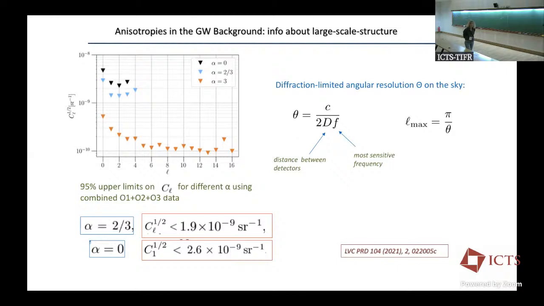The problem we have, and there are various ongoing studies to go beyond that, is what is called the diffraction limit, which relates the sensitivity in the angular separation of your detector with the distance between the detectors and the frequency at which the detectors work best. So this is a constructed kind of issue that you cannot do much about.